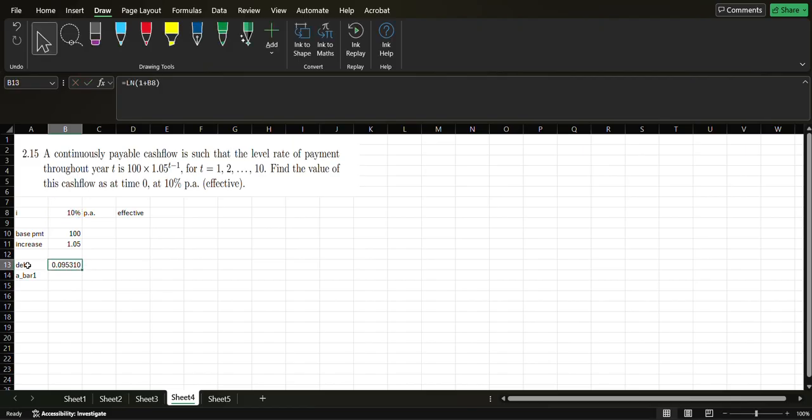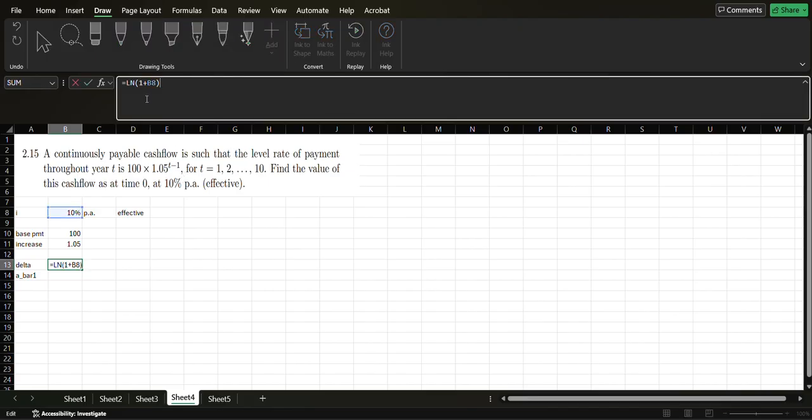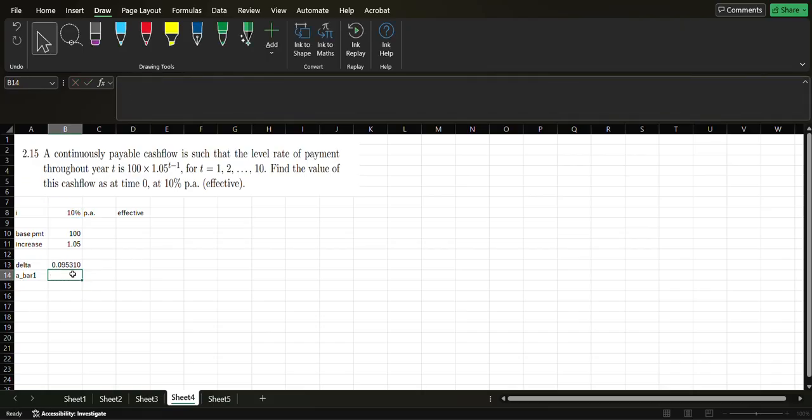So that is our delta. Let me just see if I calculated correctly. You can use natural logarithms in Excel by just saying ln. Okay, that should be correct. And so our a bar is equal to 1 minus 1 plus i to the power of minus 1, because we want a bar 1 for 1 year, over delta.